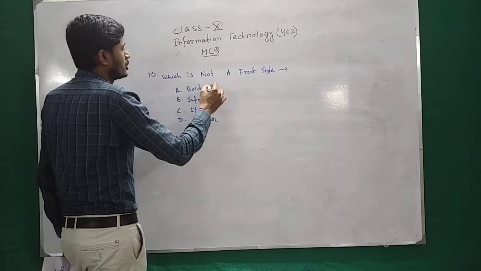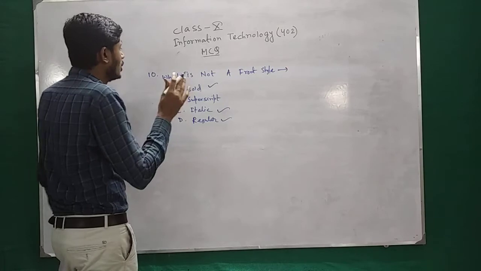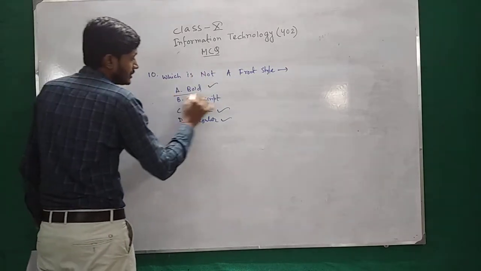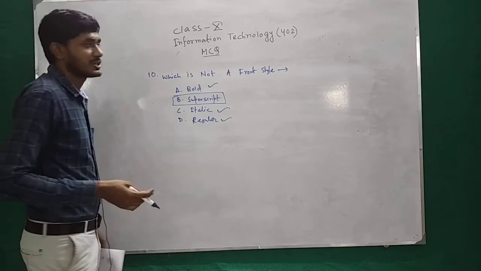We know that bold is a font style, italic is a font style, and regular is a font style. So superscript is not a font style. So the answer is option B superscript.